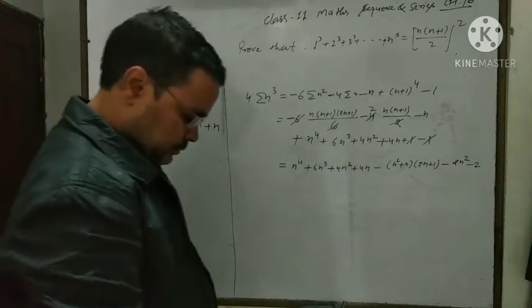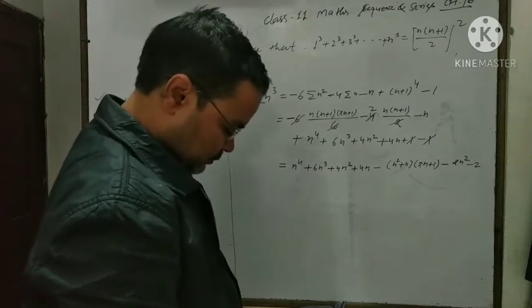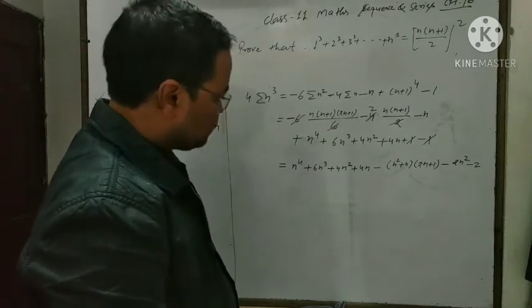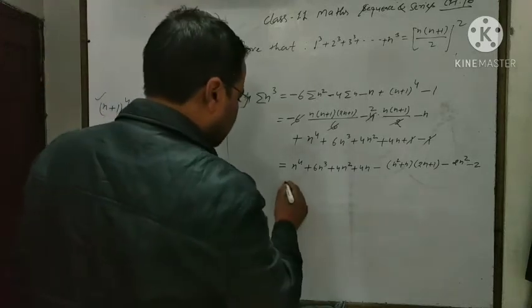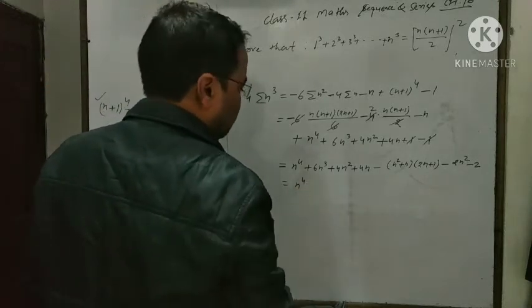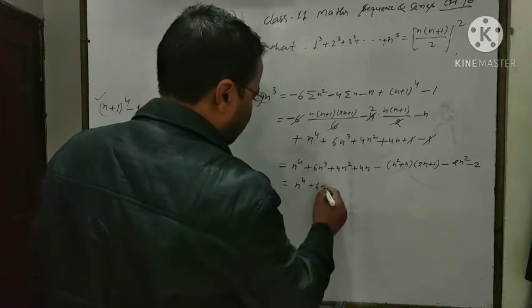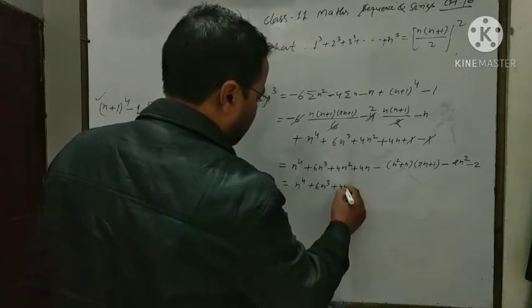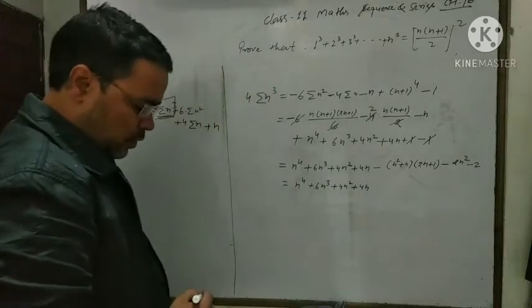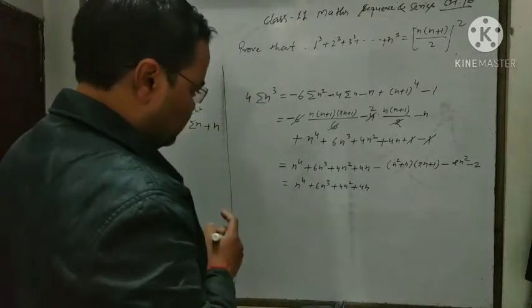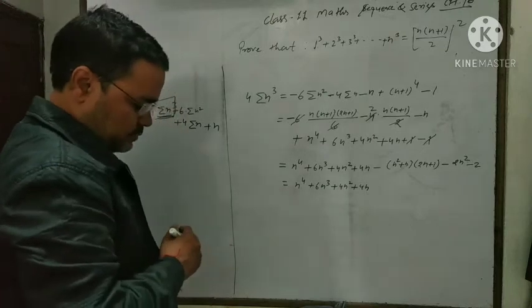Okay. Now let us calculate. Here it will be n raised to the 4 plus 6n cube plus 4n square plus 4n. 4n square plus 4n and 6n cube. Okay.